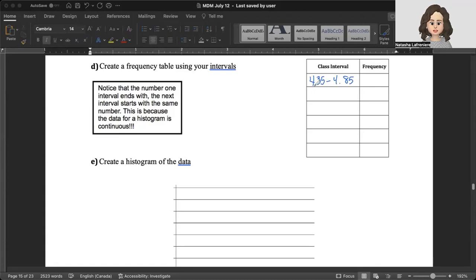And so it just tells you where to start, where to end. Our next interval is 4.85 to 5.35, 5.35 to 5.85, 6.35, okay, and it goes on and on.